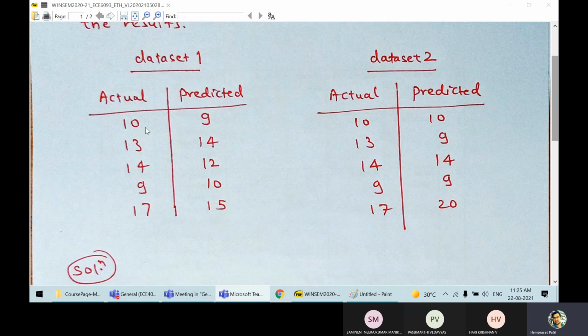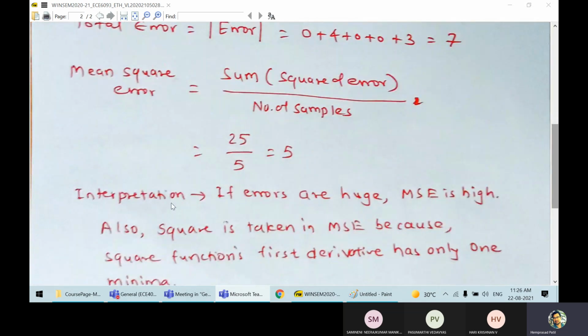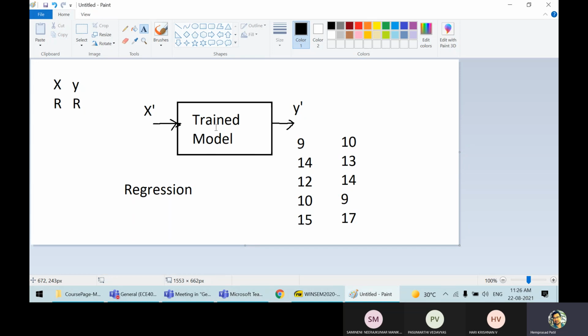Whereas here, the errors are 1, 1, 2, 1, 2. So that's why, if the errors are huge, like this 4, this 3, then the MSE is high. So this is a perfect measure to find how the trained model is performing on a test data set. Any doubt, any query?